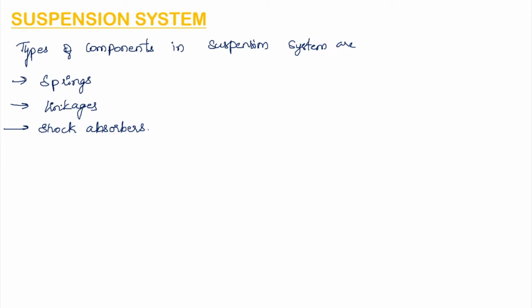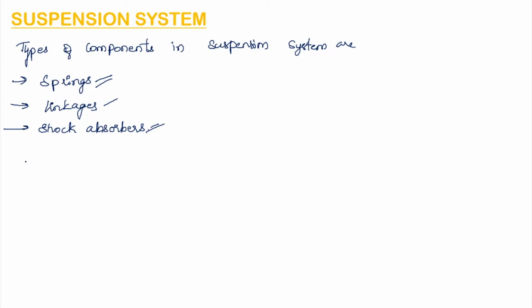So there are different types of suspension springs, and even different types of linkages. We will study about the springs in detail. Shock absorbers are of two types, which may be air or hydraulic.